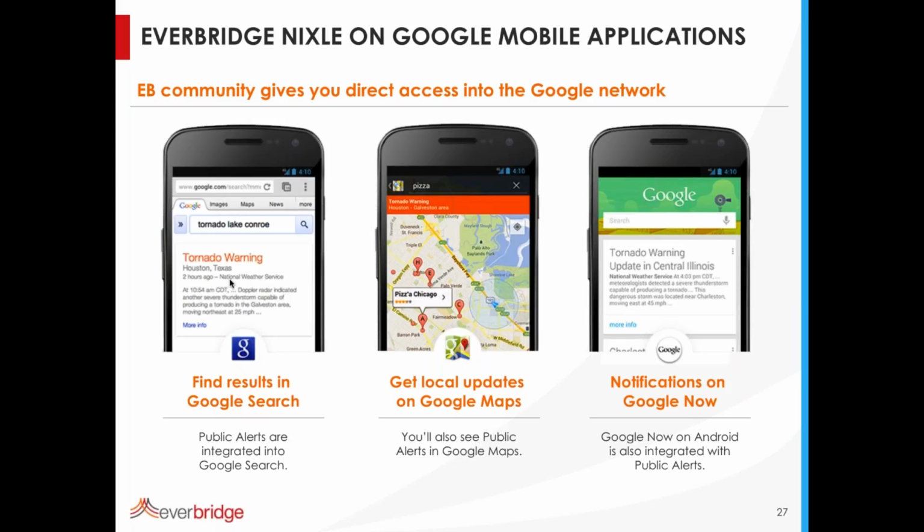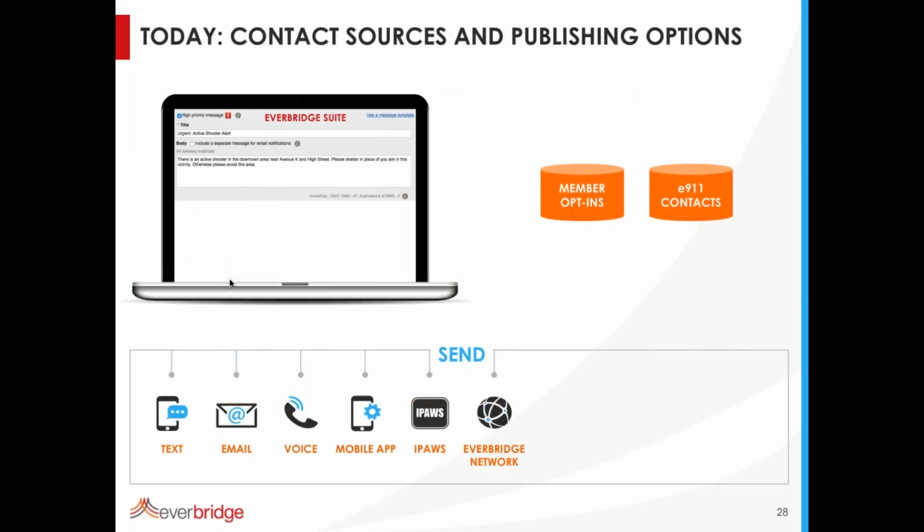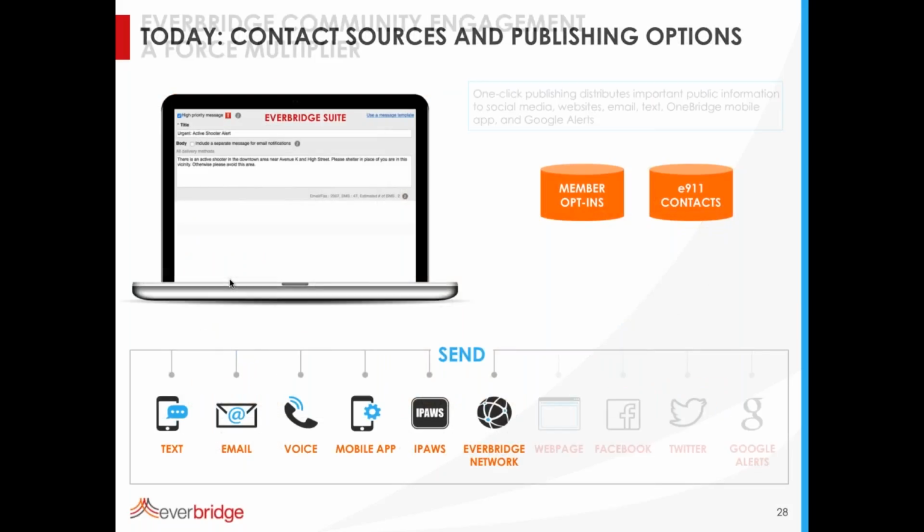If your message has come through the Everbridge network and that user punches in that keyword tornado, that is the first thing they will see on top of their search results. So it's a great way to add even more exposure to your messages directly from the Everbridge notification form.